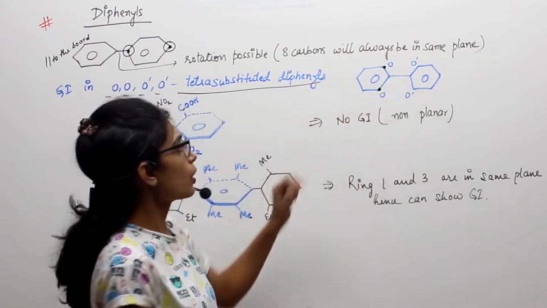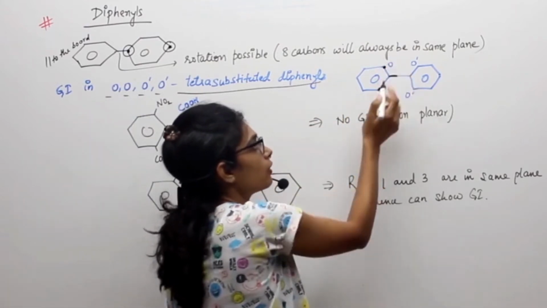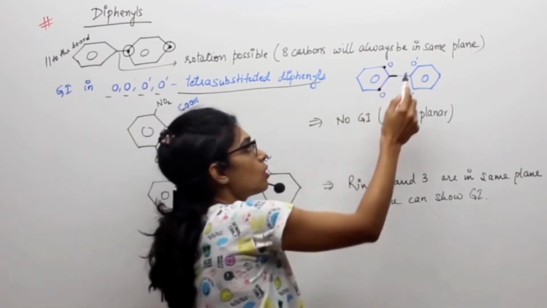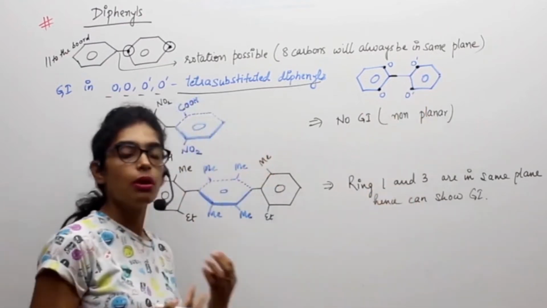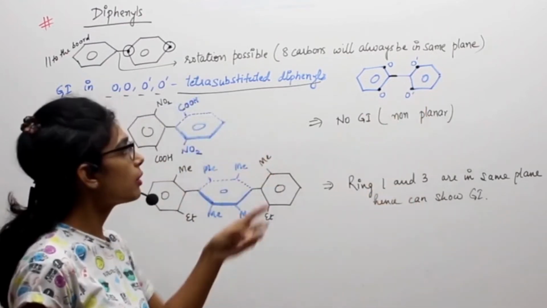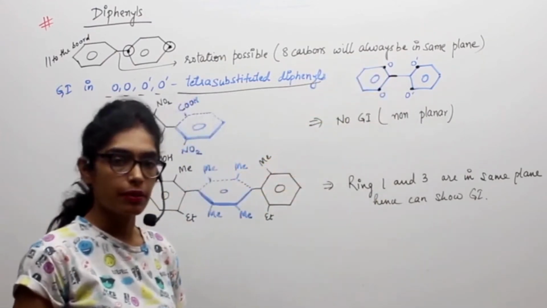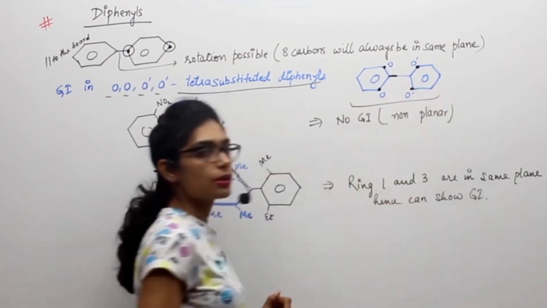First position. So here is one group, and with respect to it, the first position is this and another first position is this. So these two positions are ortho, and these two positions are also ortho. But because we are talking about two different benzene chains, we have just named them ortho for one benzene and ortho dash for the other benzene. Here we are going to understand the geometrical isomerism.